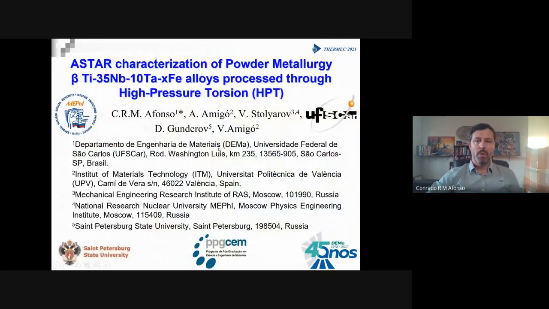The first work that I would like to present in this general theme is related to a powder metallurgy beta titanium alloy. It's a porous sample which was processed through high pressure torsion.